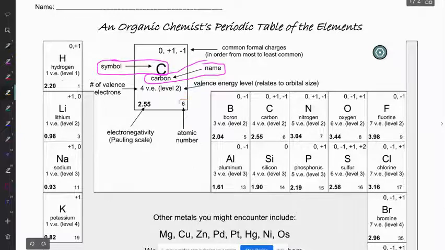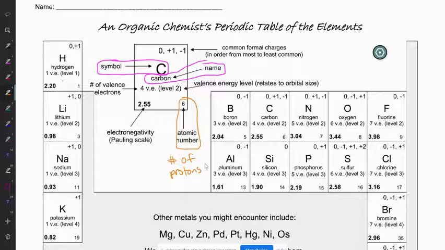Where this is relevant for us, remember, atomic number tells us the number of protons in the nucleus. Most of the time, that doesn't really matter for us. The only time it matters is sometimes in the course of giving these special designations of R or S or E or Z to what we call the stereochemical configurations, then we compare atomic numbers of atoms.